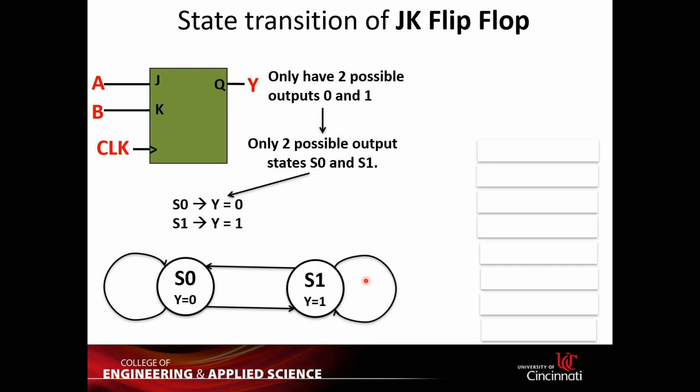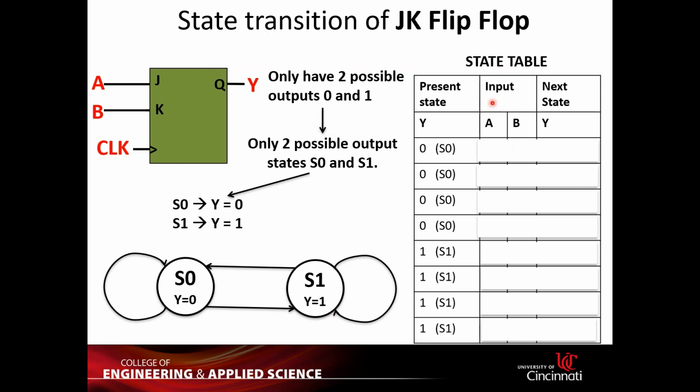A state diagram is a diagram that consists of several bubbles showing different states. Each bubble represents a state of the machine. For example, we have two possible states, S0 and S1, therefore we only have two bubbles here. S0 is when y equals 0, and S1 is when y equals 1. Easy.